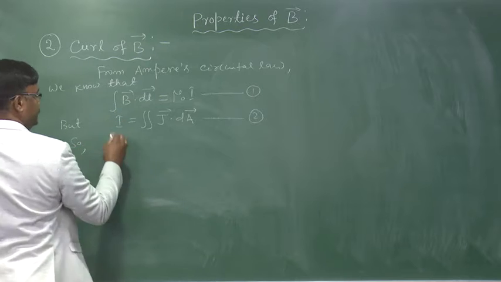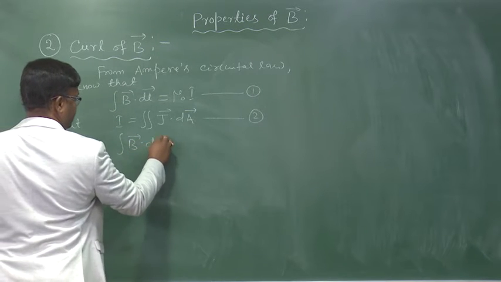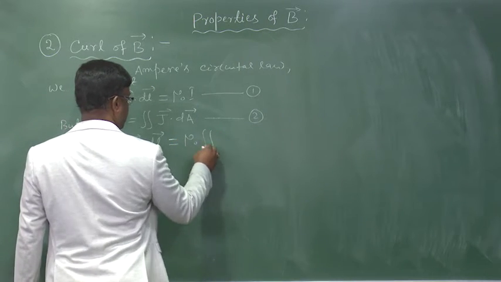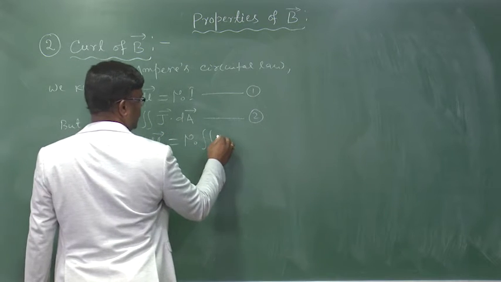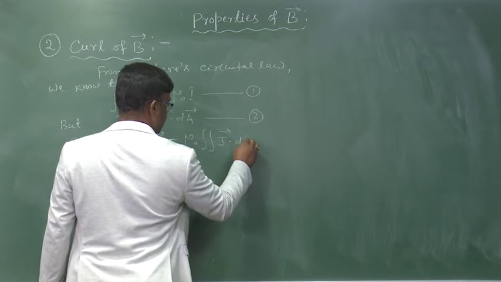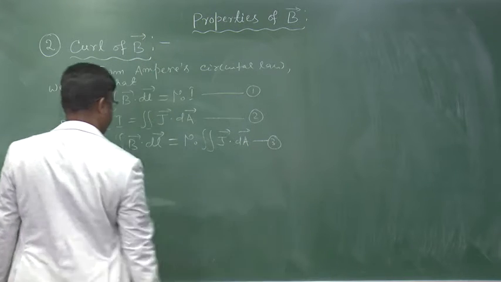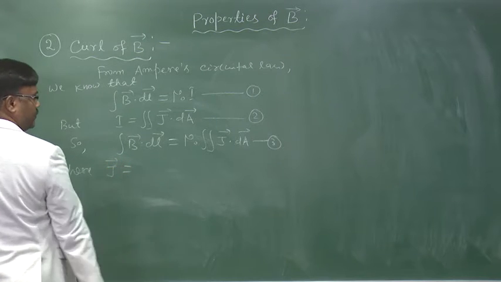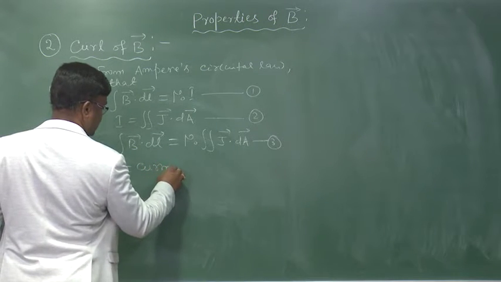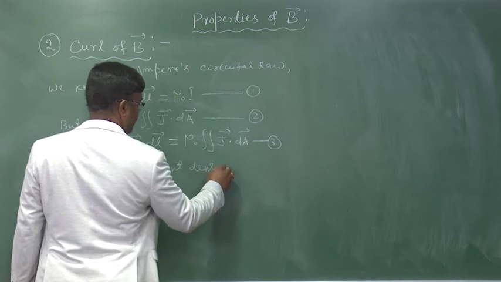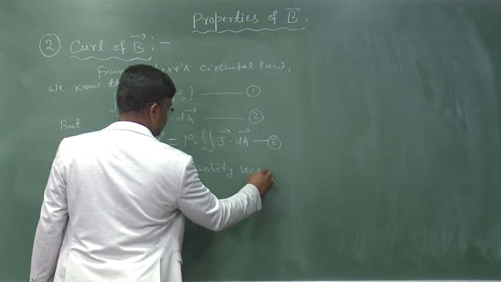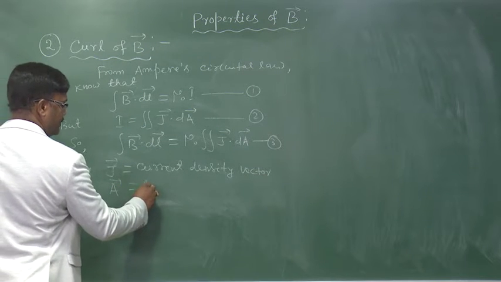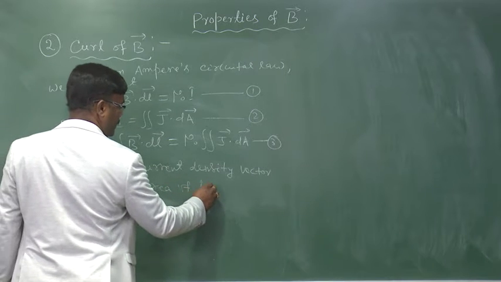So, this B vector dot dl vector equal to mu 0 into, in place of I we can write the surface integration of j vector dot dA vector, where j vector is equal to current density vector and A equal to area of loop. This is equation 3.